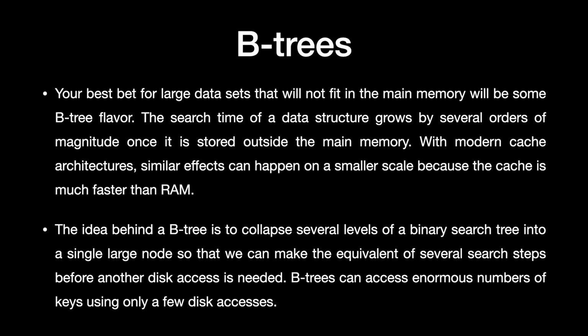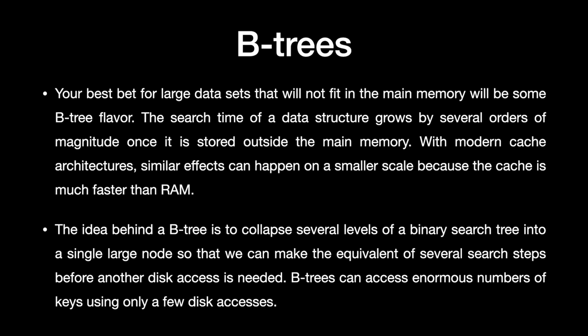B-trees. Your best bet for a large dataset that will not fit into main memory will be some B-tree flavor. The search time of a data structure grows by several orders of magnitude once it is stored outside of the main memory. With modern cache architecture, similar effects can happen on a smaller scale because the cache is much faster than RAM.